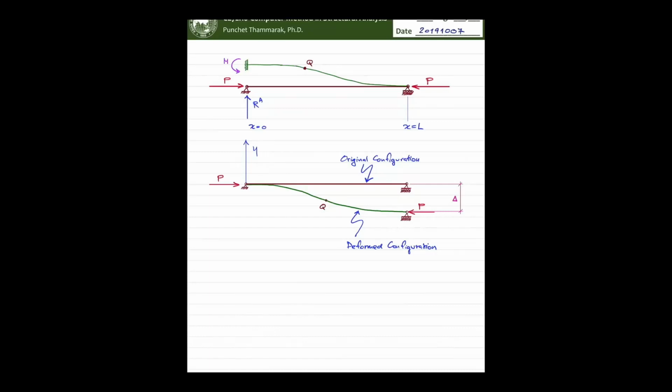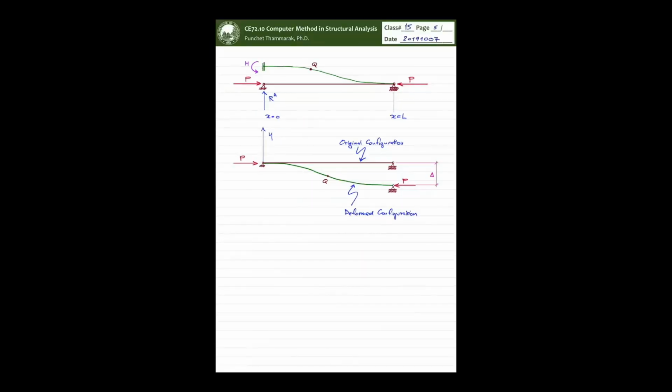The essence of the stability calculation of structures, or the P-delta effect, second-order effect, is that all the equilibriums are written in the deformed configuration, right? That's the only thing that was different from your study before.